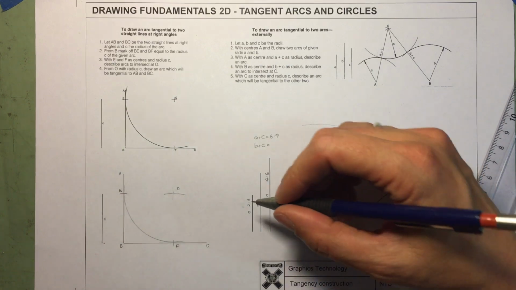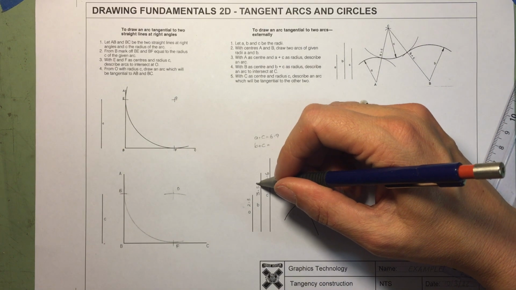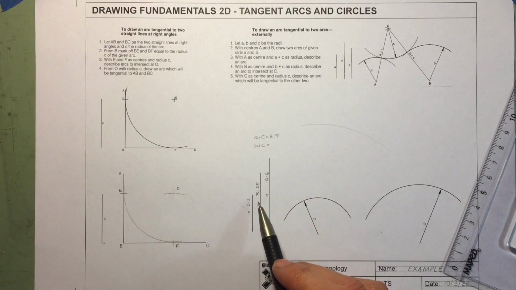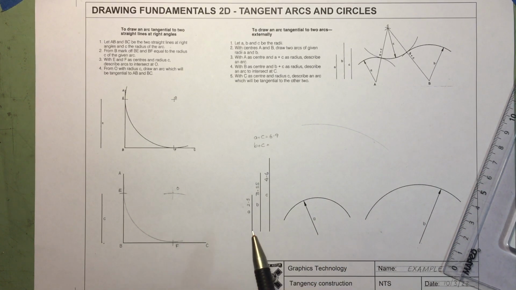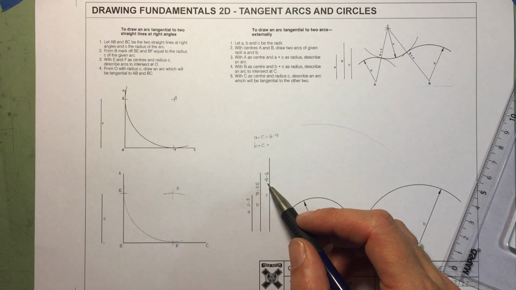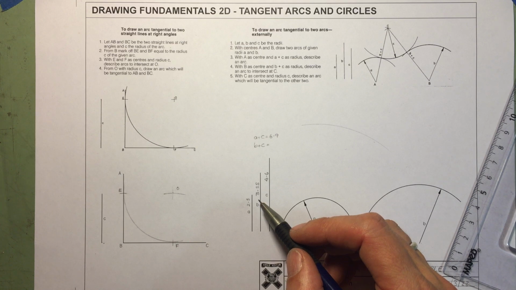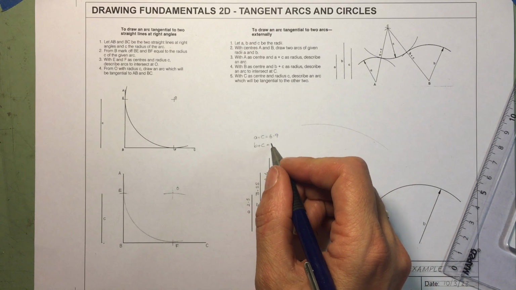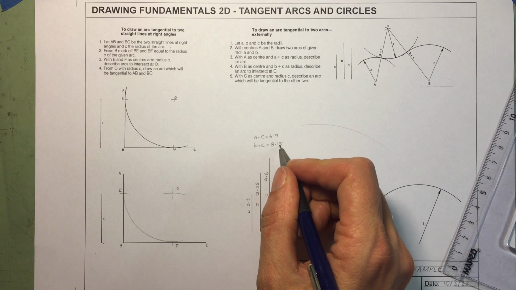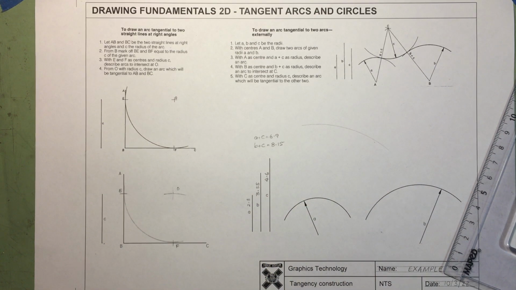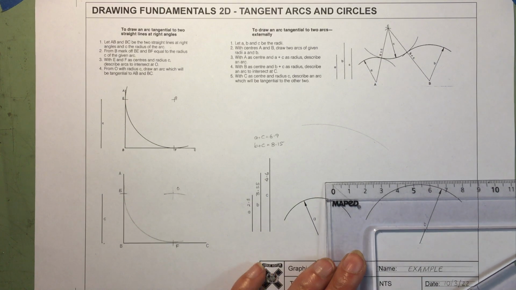So 3.55 plus 4.6, so 4, 7, so I think it's 8 point, what was that? 7, math, 7, 8.15. Okay, so 8.15 is our next distance.